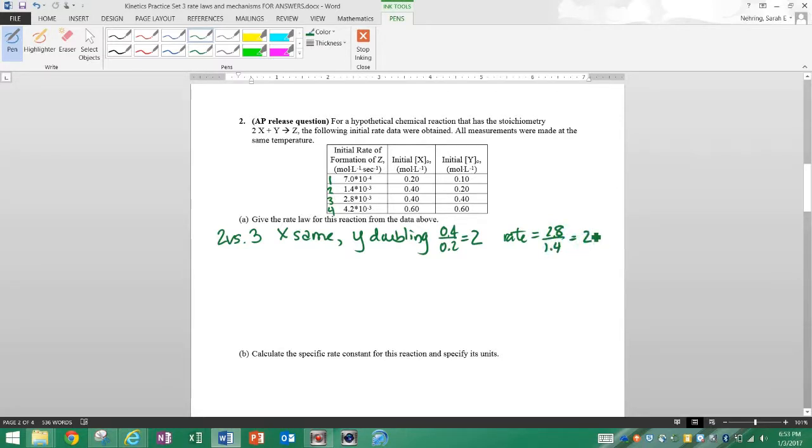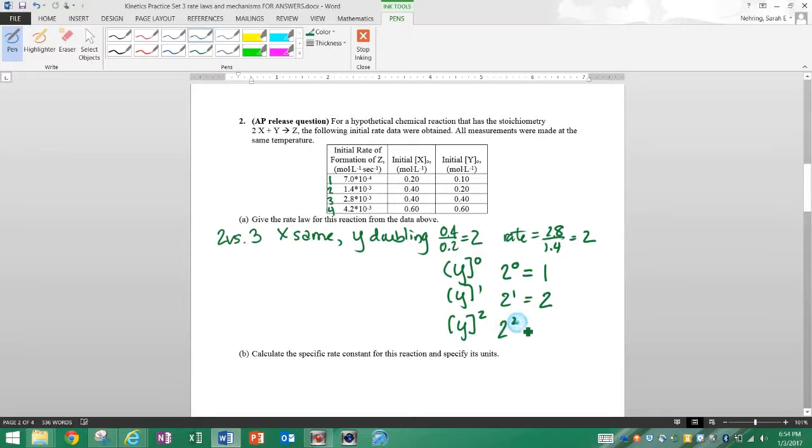So if you think about what scenario this fits, I'm trying to figure out what the exponent of y is. Is it a 0? Is it a 1? Or is it a 2? Those are my only options. Well, if it were 0th order and I doubled y, my rate would stay the same. If it were first order and I doubled y, my rate would double.